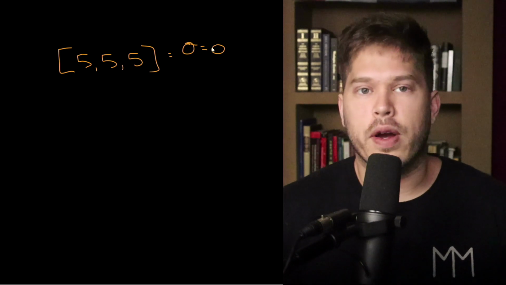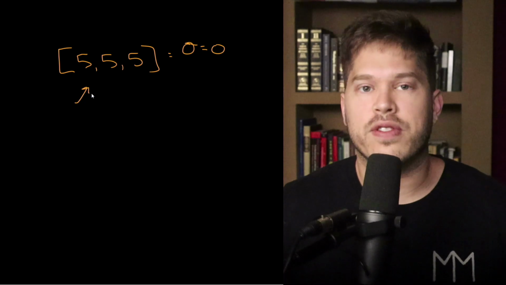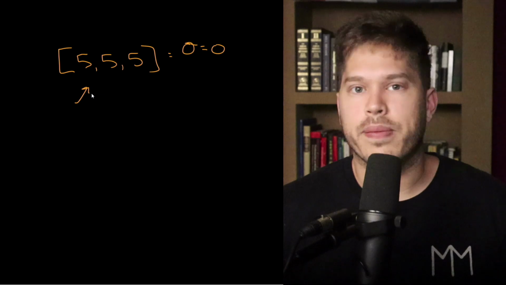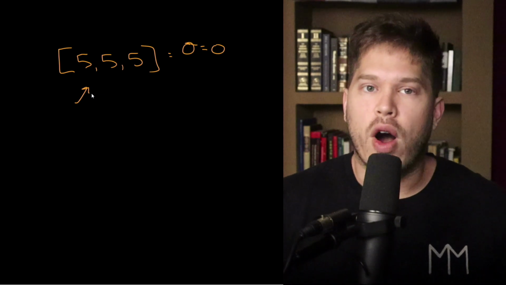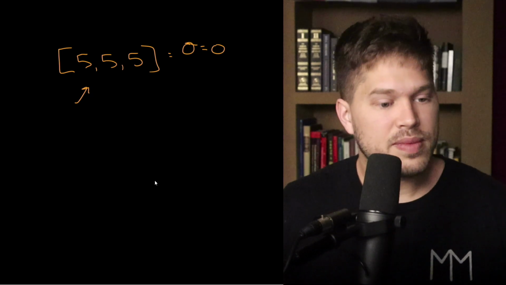So the distance from the average value, here in the list, our average value is of course 5, and the average distance from our mean is 0. So our standard deviation, whenever all the numbers in your list are identical, is 0.